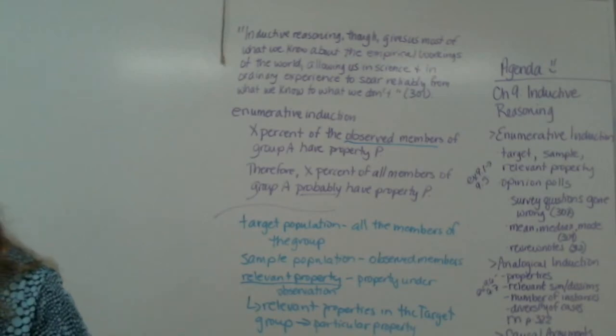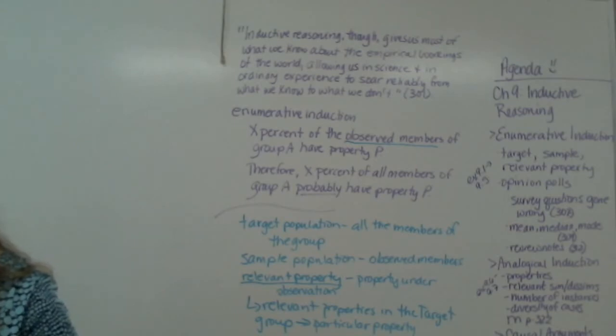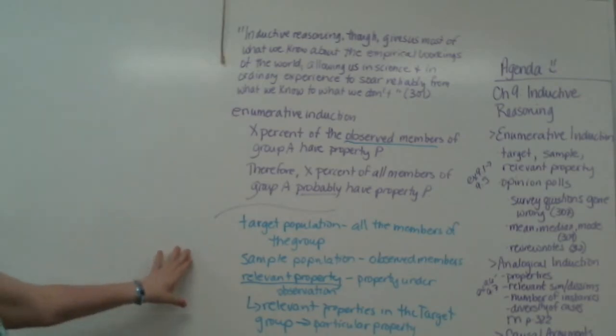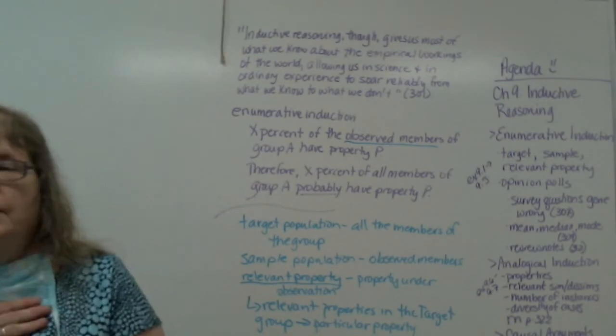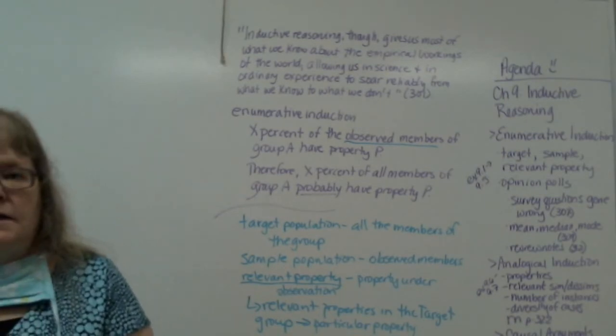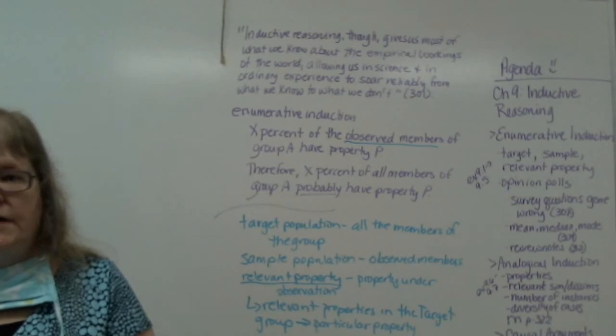So when we're looking at the property in question, the relevant property, we need to make sure that anything that would affect that is part of our filter. So in the case of this television show, I believe the only way you can get it is if you subscribe to Netflix.